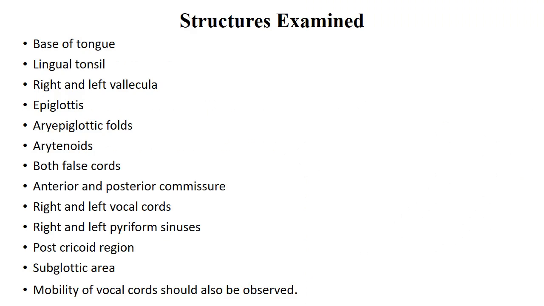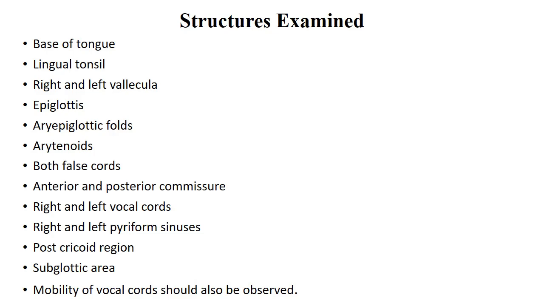So the structures which are examined are the base of the tongue, then the lower part of the palatine tonsils, the lingual tonsils, right and left valleculae, epiglottis, aryepiglottic folds, arytenoids, both false cords and both true vocal cords, then anterior and posterior commissure.